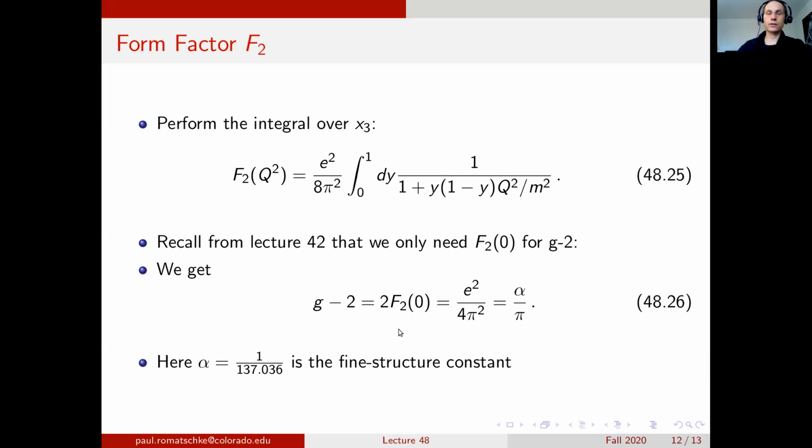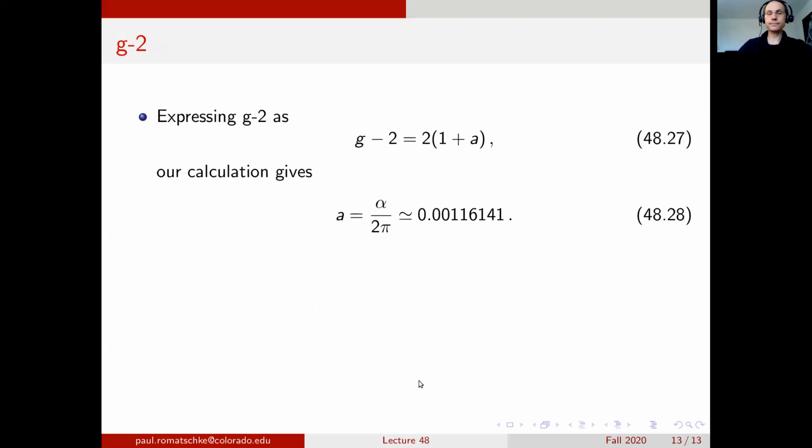Recall that the fine structure constant here is approximately 1 over 137. And we can use this to do numerics. So we can express g as 2 times 1 plus a. And this factor a here is then alpha over 2 pi, which numerically comes out to be 0.00116141.